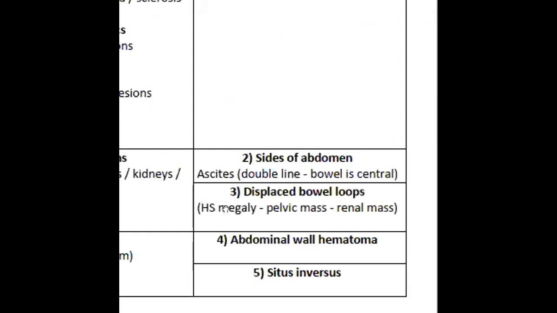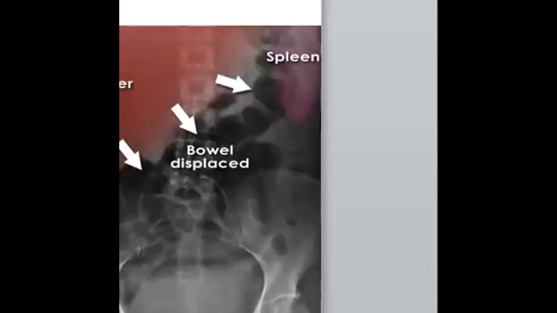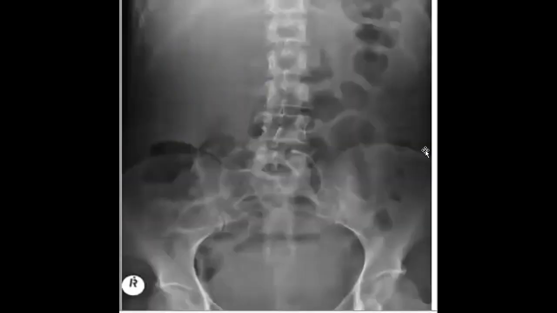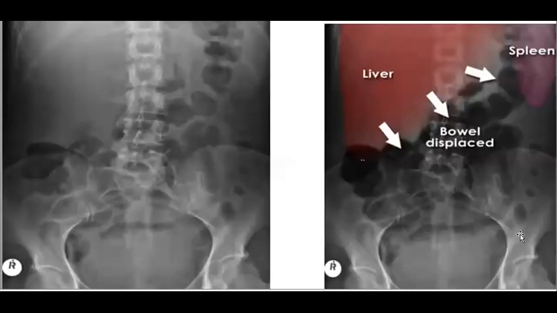It could be hepatomegaly, a pelvic mass, or a renal mass. So check and tell me which one you will choose. So it will be a liver lesion, exactly, Ahmed, yes. And the bowel is displaced. Perfect.